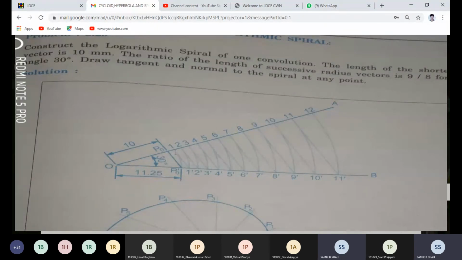So we get 1 point. Now draw a line from point 1 parallel to the P0 P0 dash line, up to the arc. It is your 1 dash.